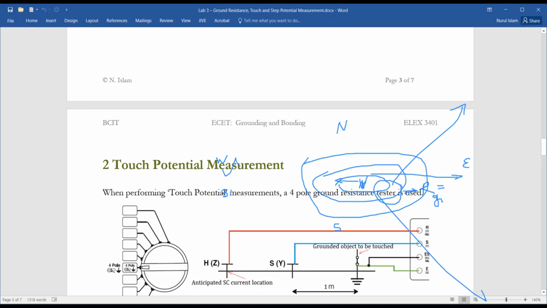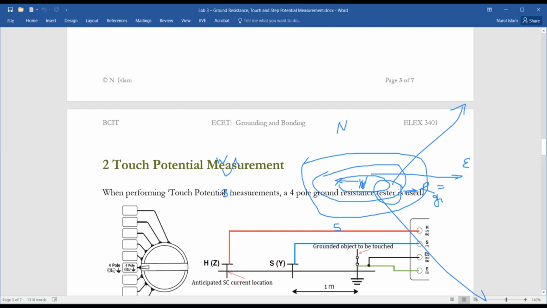Okay, you could move around the substation, and in different locations you will measure the touch potential, and you have to make sure that the measured touch potential must be below the allowable touch potential. Okay, that is the purpose of this analysis.